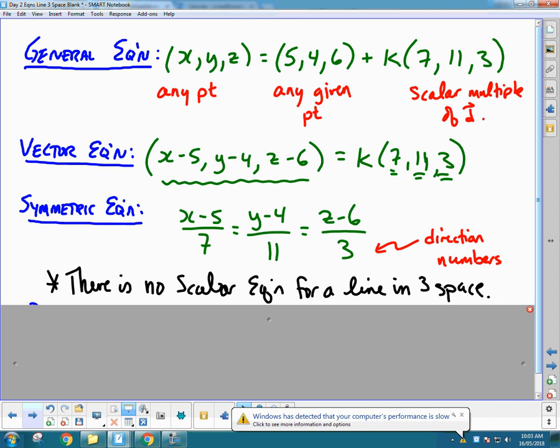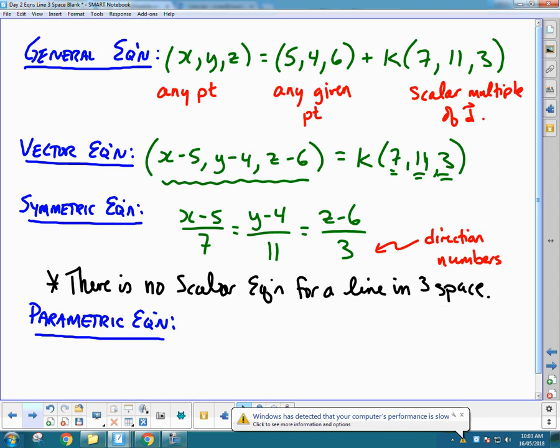So we don't have a scalar equation, but we do have a parametric equation. And if you recall, the parametric equation describes all of the x's, the y's, and the z's. And it comes really from the general equation. It says that x is equal to 5 plus the scalar multiple of the x component. So x equals 5 plus 7k.